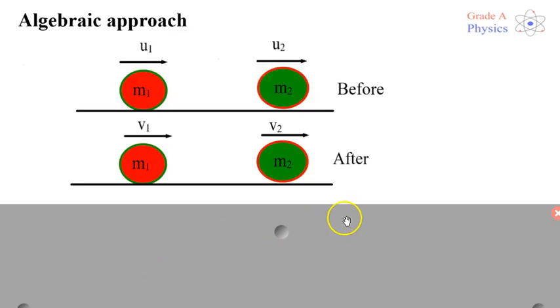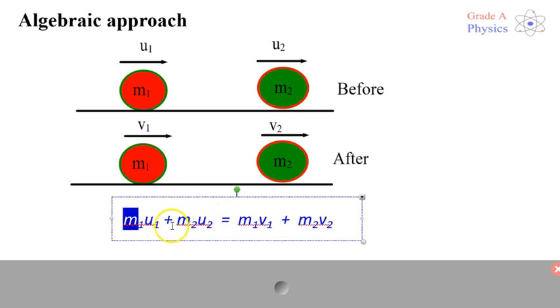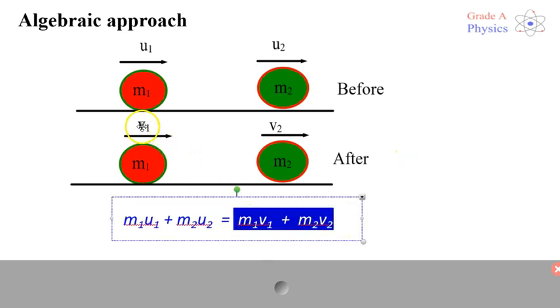We can look at this in an algebraic way. If I have m1 and m2 before a collision, u1 and u2, and then the same masses after a collision, v1 and v2, then I can represent the total momentum before as m1u1 plus m2u2, which is equal to the total momentum afterwards. So the m1 and the m2 haven't changed, but now the velocities have changed.